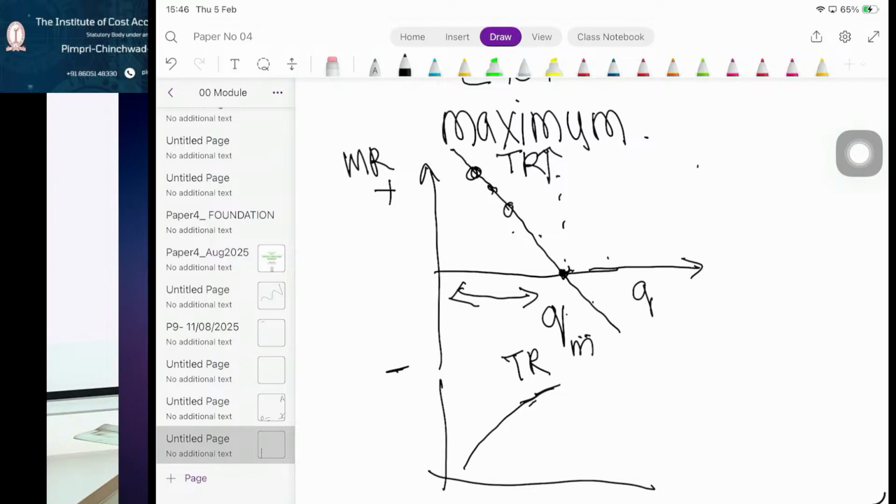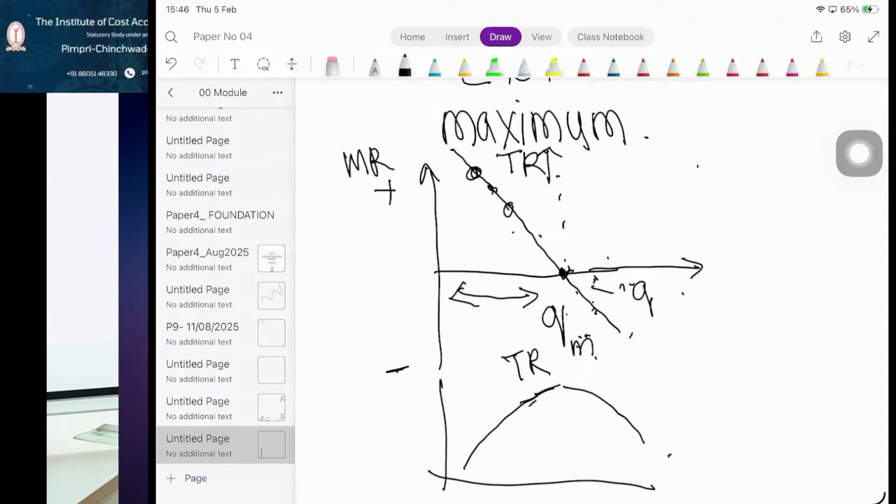And when it crosses this point QM that I have drawn, what is happening? Marginal revenue is becoming negative. So total revenue will be decreasing. So just aside from QM, as marginal revenue is falling or negative, total revenue is also decreasing.